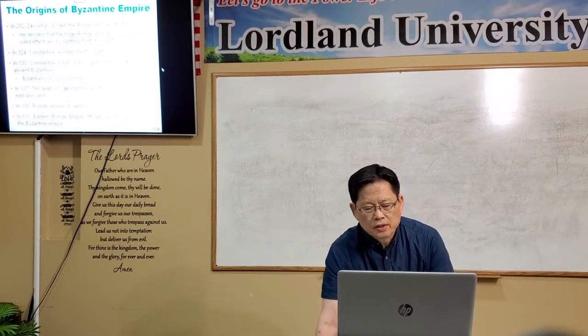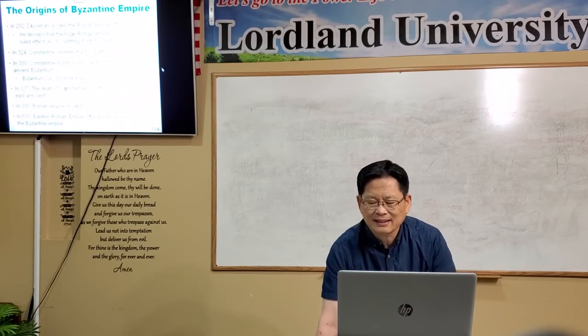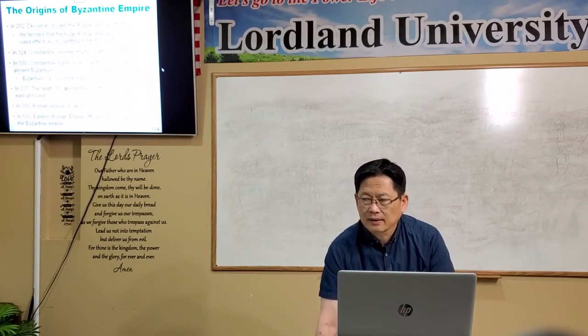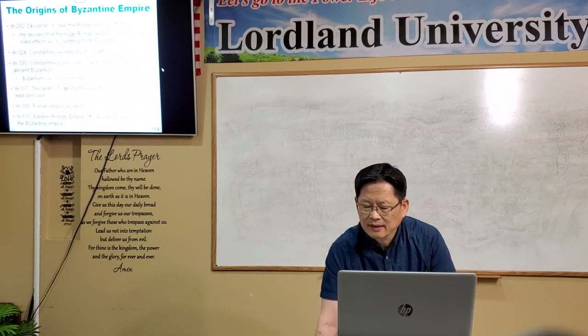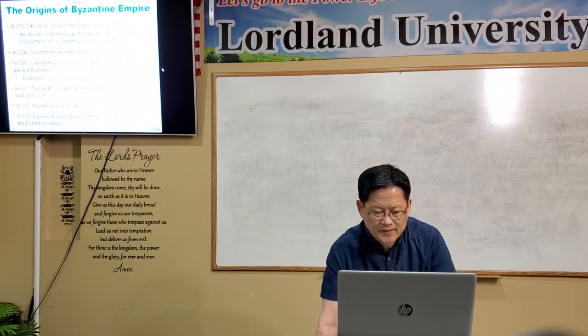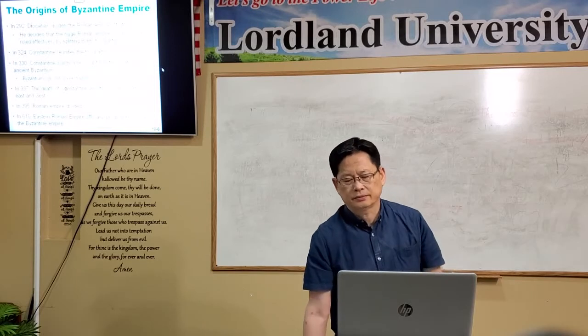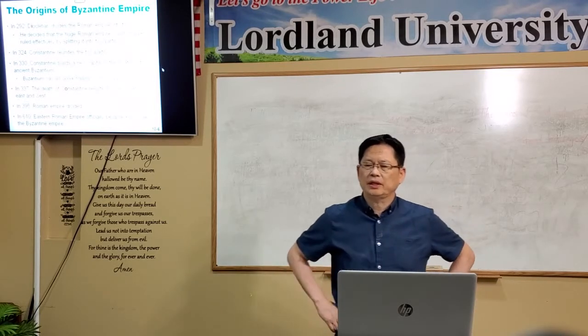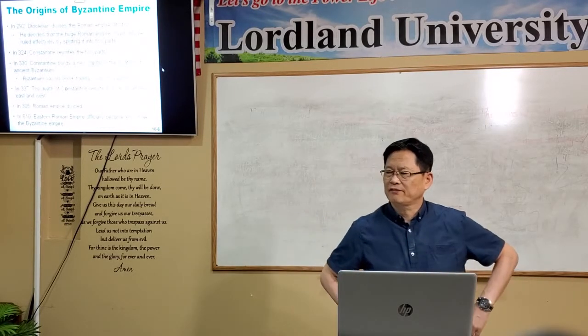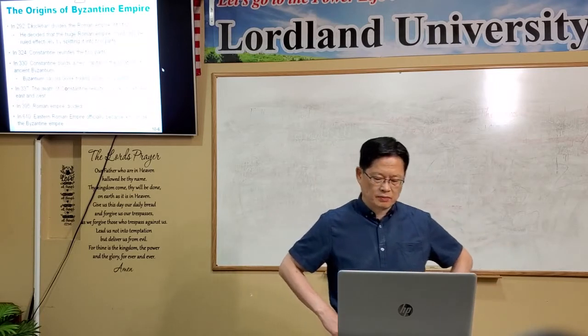Byzantium was an old Greek trading colony on that peninsula. In 337, the death of Emperor Constantine resulted in the division between the Eastern Roman Empire and the Western Roman Empire.